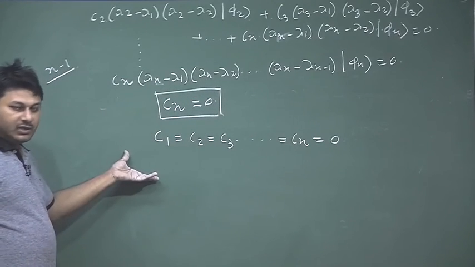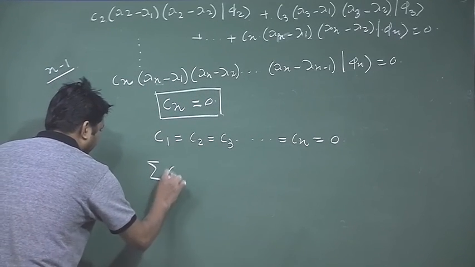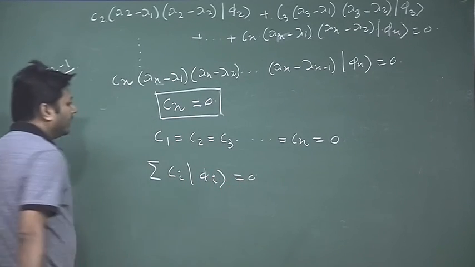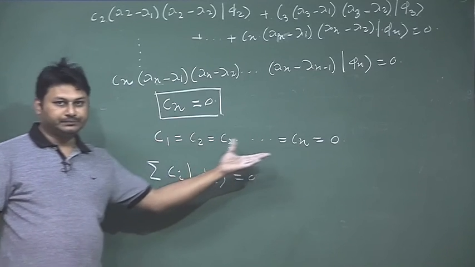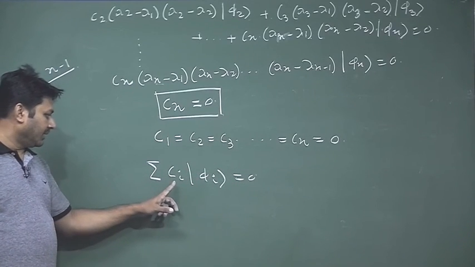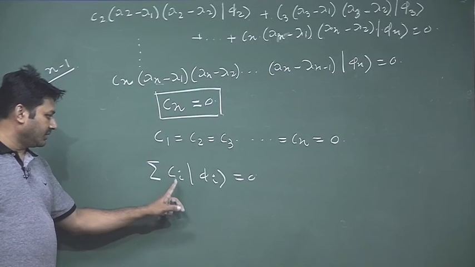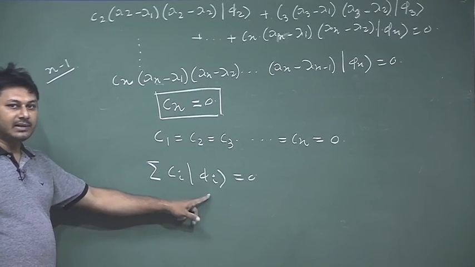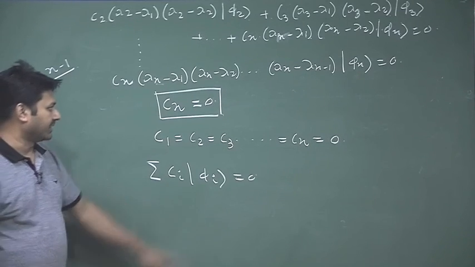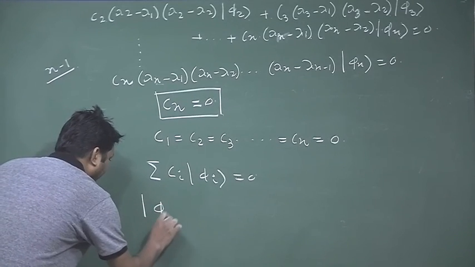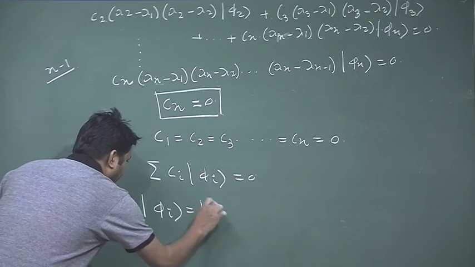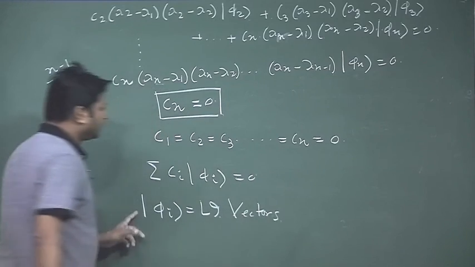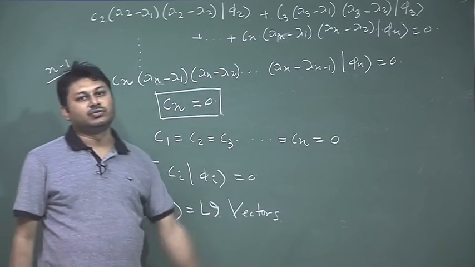So my starting equation was ΣCiφi = 0. Now I am saying if it is 0, then this equation is only satisfied for all Ci equal to 0. That means the φi are linearly independent vectors, when all the lambdas are distinct to each other.